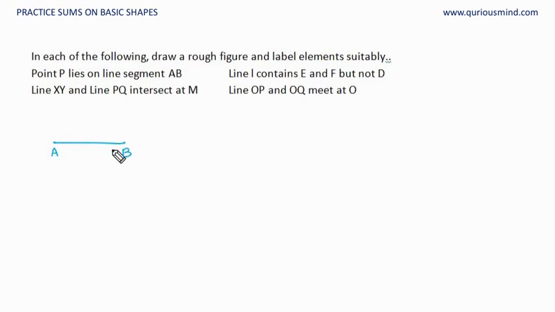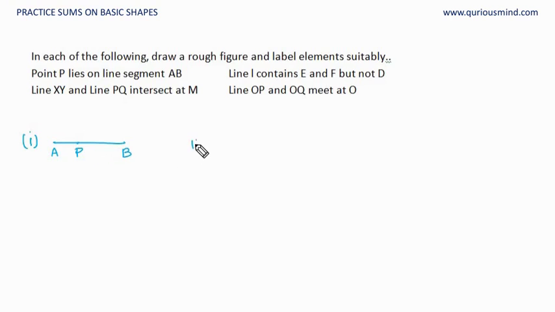So this is line segment AB, and point P lies on the line segment. So let's say point P lies somewhere here. Okay, so that is point P.